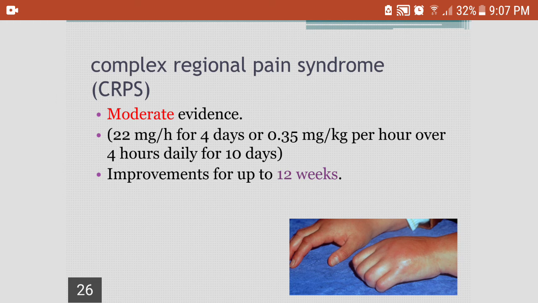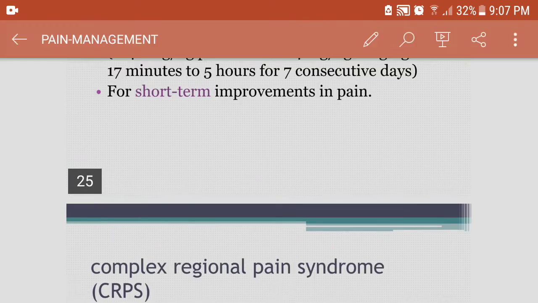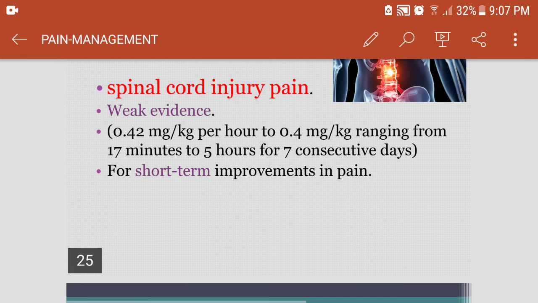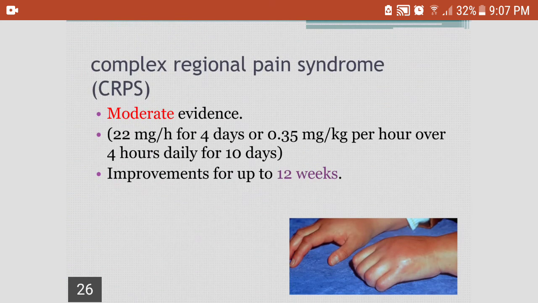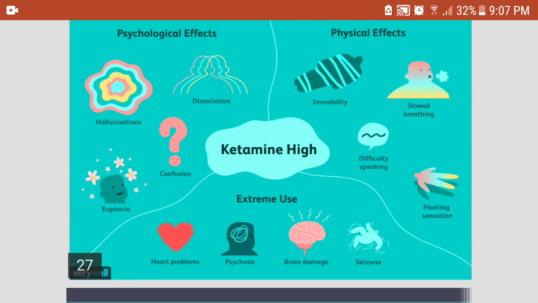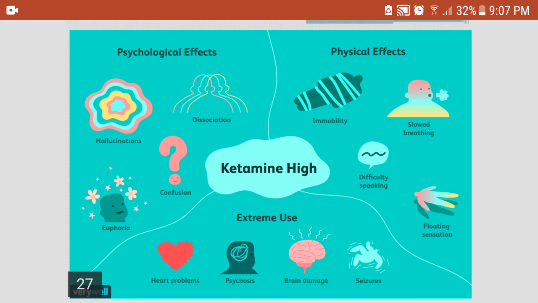So this is for 10 days, and this is 7 days for the spinal cord injury. However, for complex regional pain syndrome, the improvement lasts for 12 weeks, which may include 3 months.